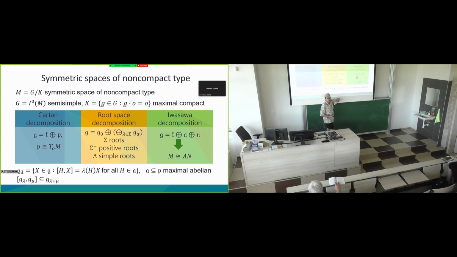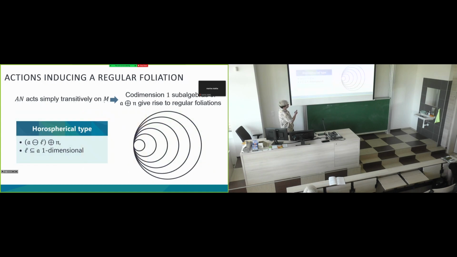Of course, this will give us a codimension one submanifold of the space, which in fact will foliate the space by left cosets. So of course this all produces a foliation. So, what is the first way to construct cohomogeneity one actions? To look for subalgebras using the properties of these root spaces.